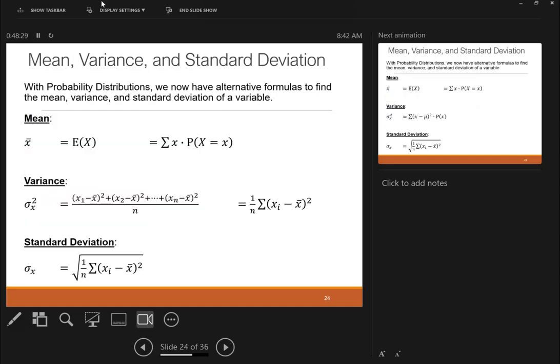Let's go back to this fraction. I have x1 minus x bar squared over n, x2 minus x bar squared over n, all the way down.